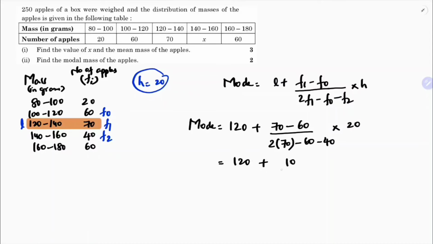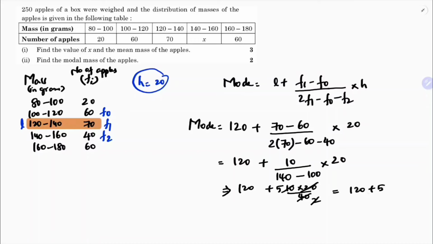So 120 plus 70 minus 60 is 10, by 2 times 70 is 140, minus 60, minus 40, which is 100, into 20. So 120 plus 10 into 20 by 40. 20 times 1, 20 times 2, 2 times 1, 2 times 5. So you get 120 plus 5. So it is 125. Mode is 125.